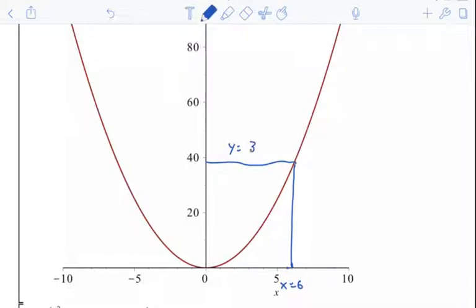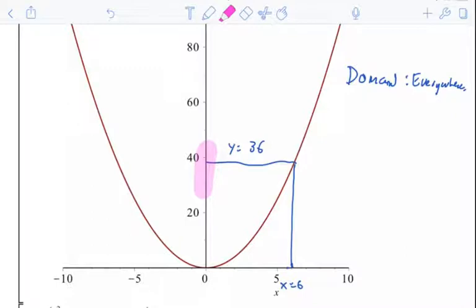You can just use it to look up a value. Parabolas as functions have domain everywhere. Any input x has an output. Cool.